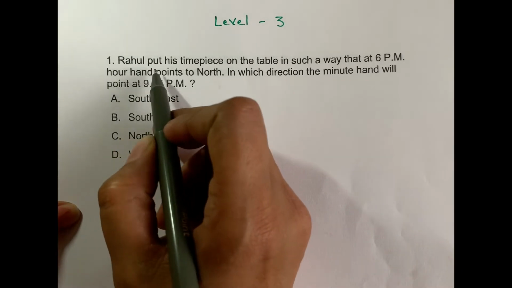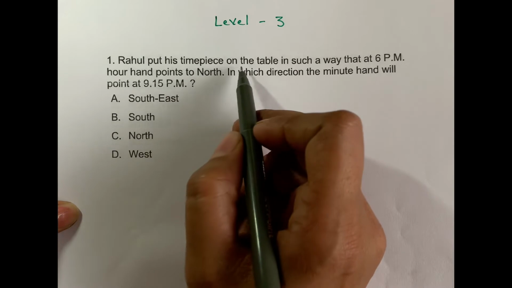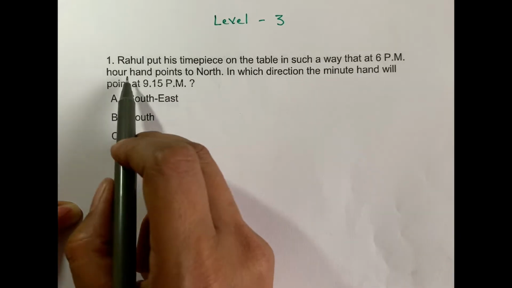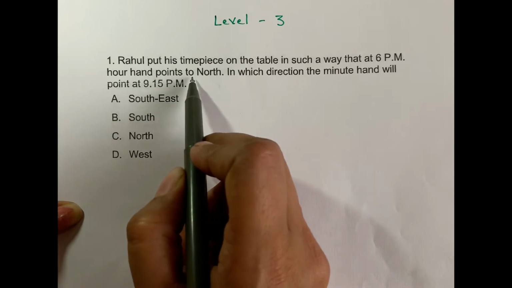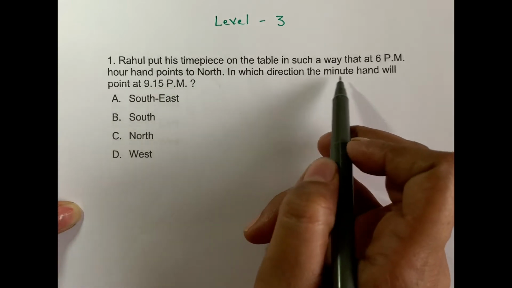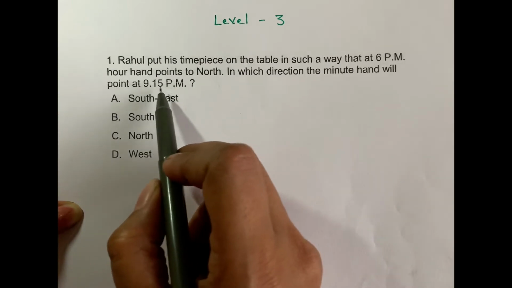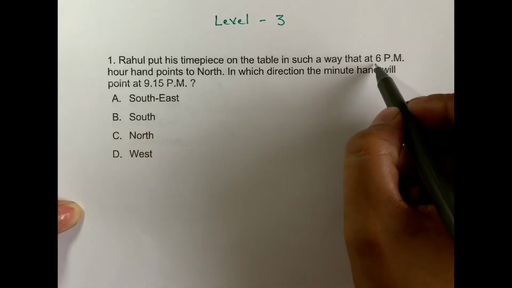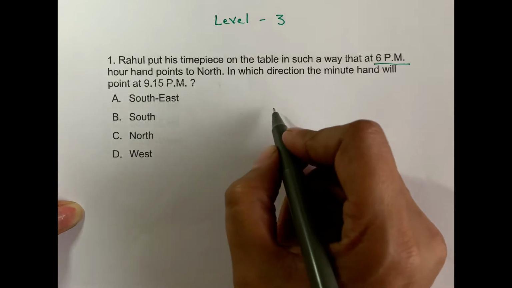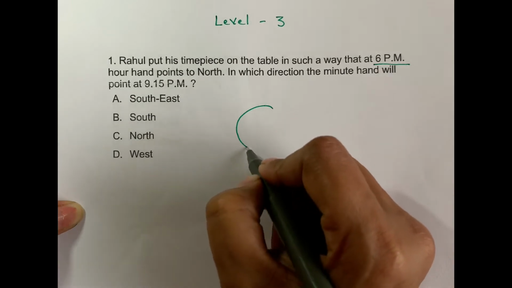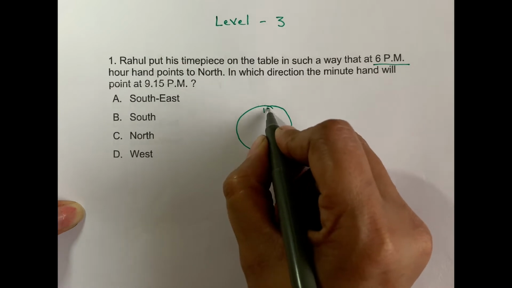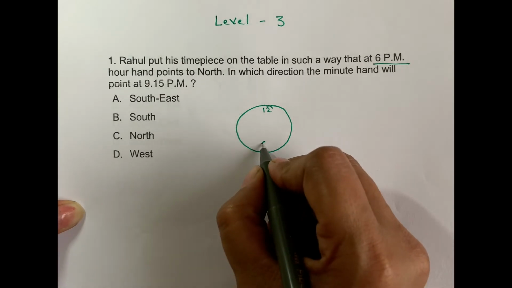First one is, Rahul put his timepiece on the table in such a way that at 6 p.m. the hour hand points to north. In which direction will the minute hand point at 9:15 p.m.? Okay, so what they're telling is at 6 p.m. So let's first draw the clock. We'll start at 12 and here is 6.